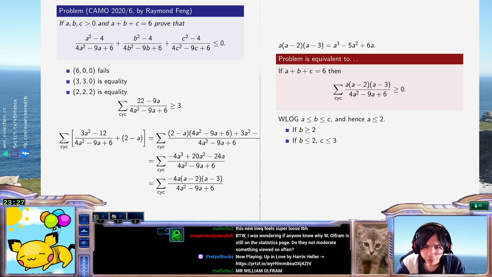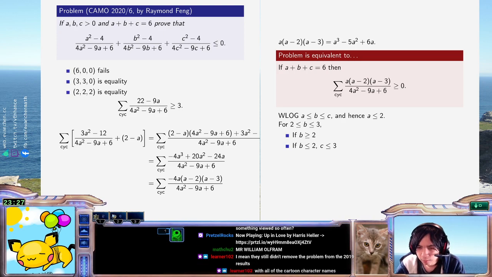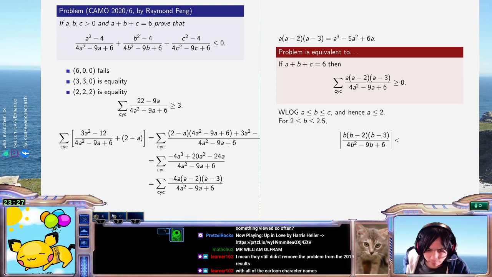So for b between 2 and 3, for example, b minus 2, b minus 3, this thing, how bad can it be?